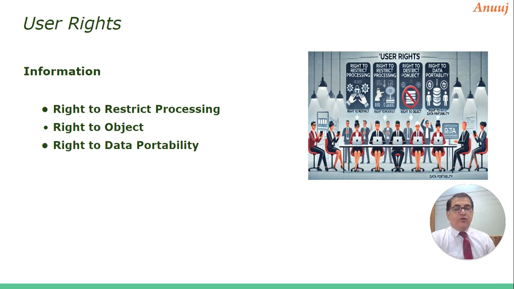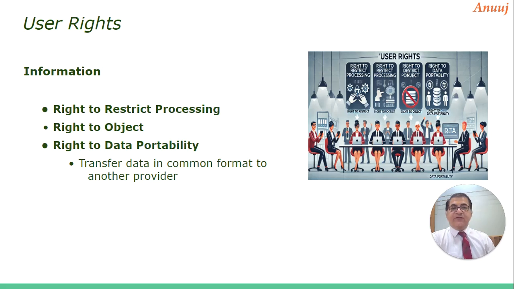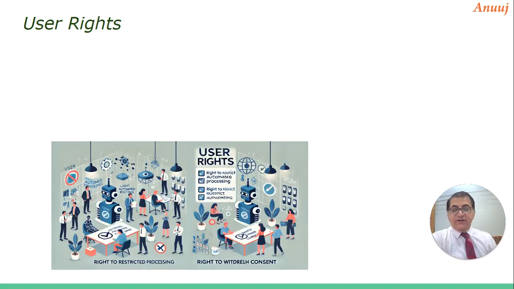I have a right to data portability, which means that I know you have my information, and I request you to provide that information in a common format that anyone can easily read and provide it to another party or another service provider. That would of course happen with all logical and legal documentation, but I have the right to data portability as well.